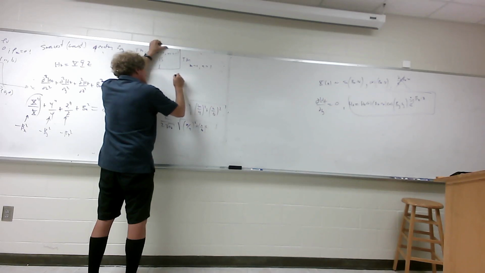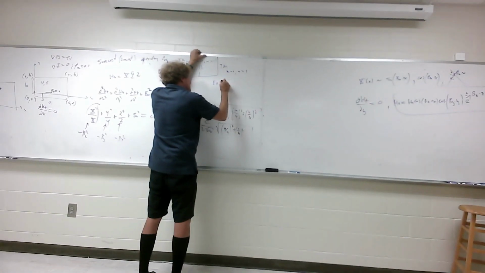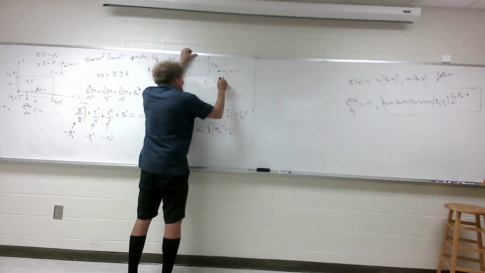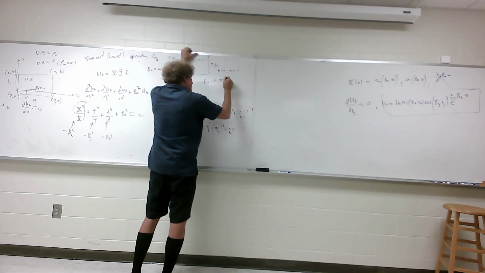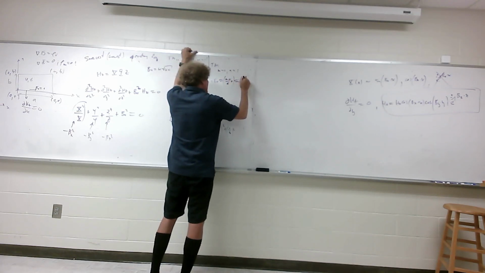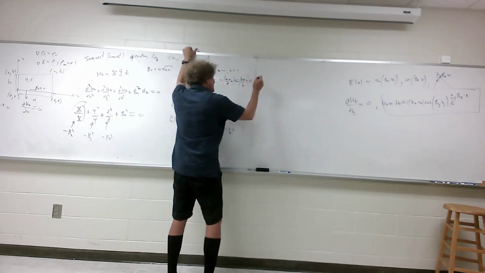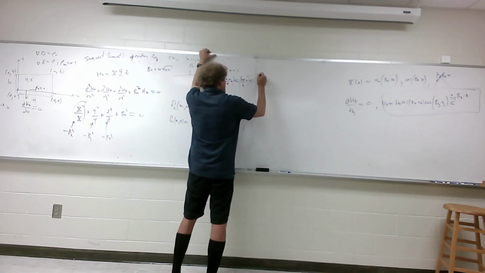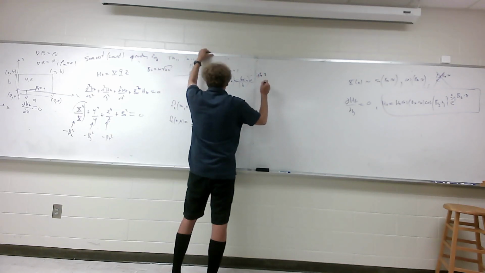And for this, EZ is equal to some scalar E naught times sine of M pi over A times X, sine of N pi over B times Y. And then it's E to the minus J, and I'll call it beta Z times Z.